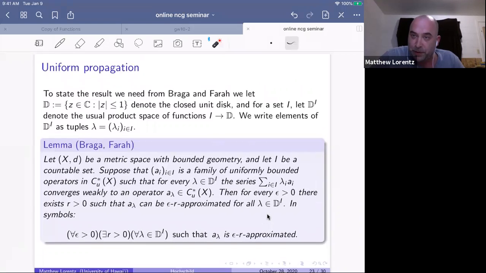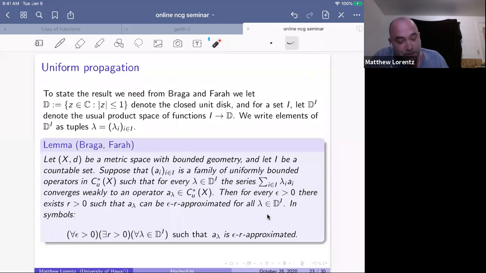Okay, so what their lemma says, and I think it's a very powerful lemma, is that if we have a metric space with bounded geometry, they show it much more generally, but for our purposes, we'll let I be countable. And then we have a family of operators indexed by I that is uniformly bounded and in the uniform Roe algebra, such that for every lambda in D^I, the series where we add them up, lambda_i times A_i, converges weakly to an operator we're going to call A_lambda that is in the uniform Roe algebra.